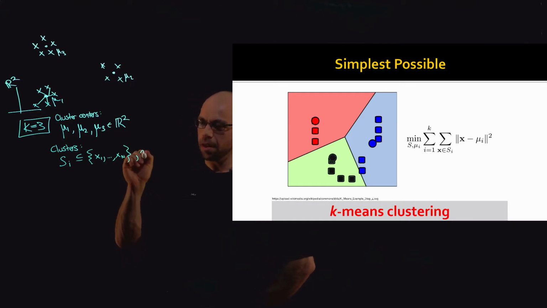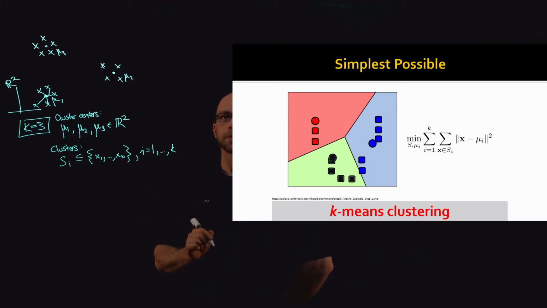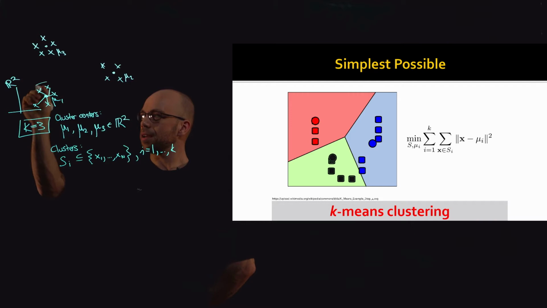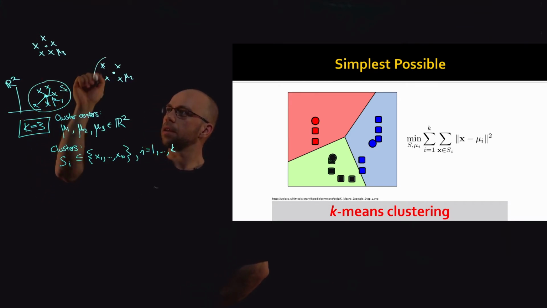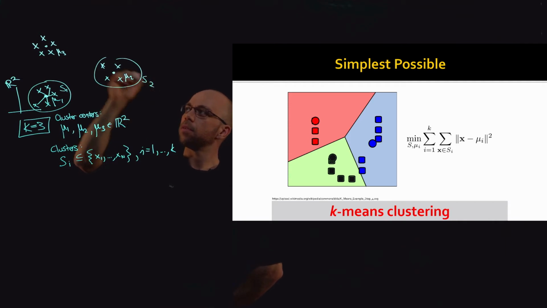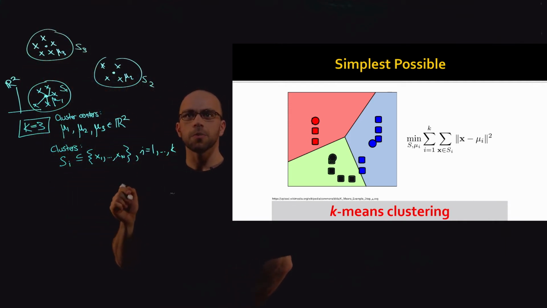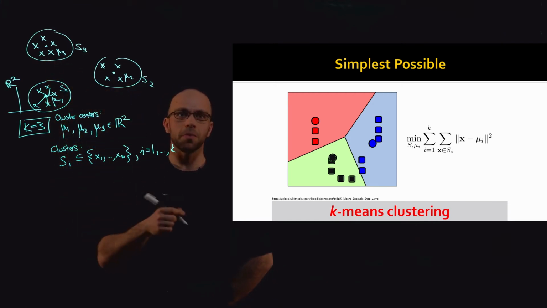So here, I is going to go from 1 to k. The basic idea here is that I'm going to take my data and divide it into 3 groups, S1, S2, and S3. And each of those groups is associated with a mean, mu1, mu2, and mu3.